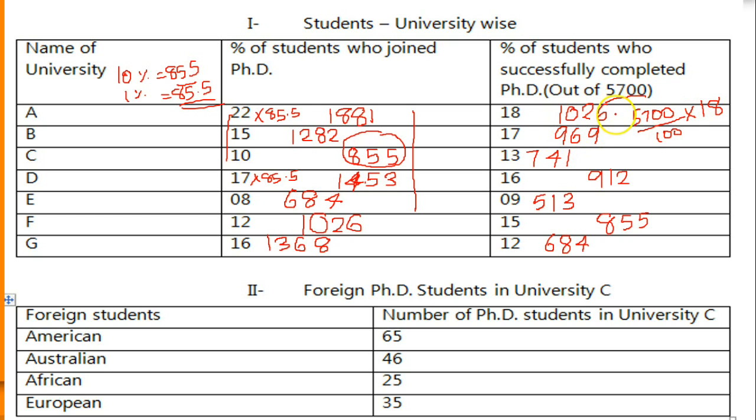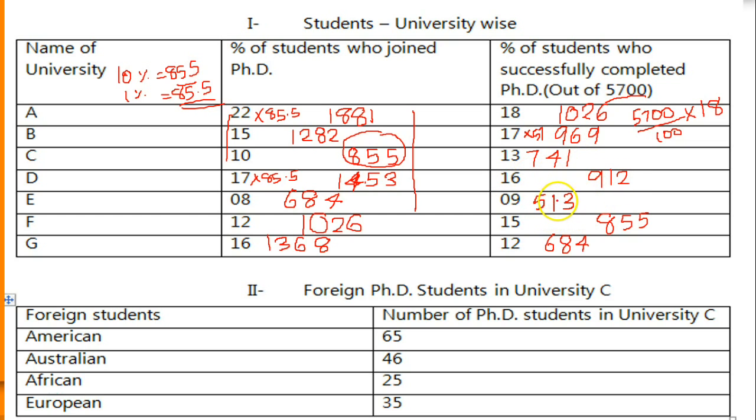So 18% is 1026. Similarly for 17%, 5700 by 100 gives you 1% is 57. So 18% is 18 into 57, 1026. 17% is 17 into 57, that is 969. 13% is 741. 16% is 16 into 57, 912.